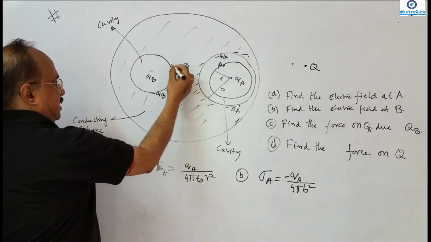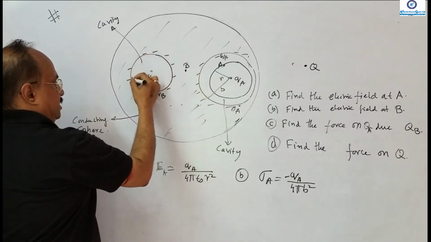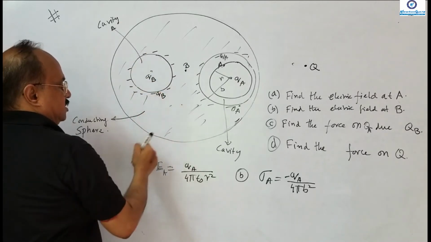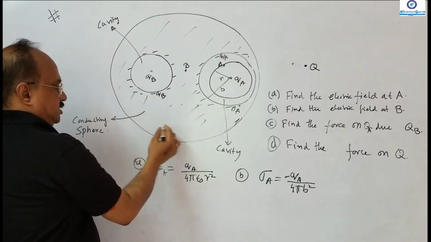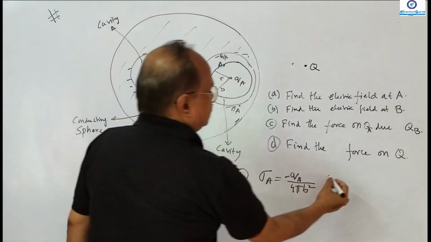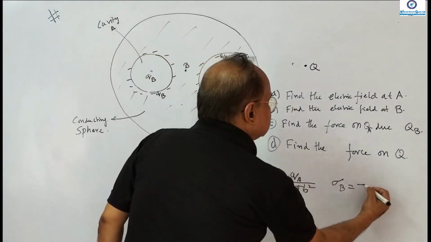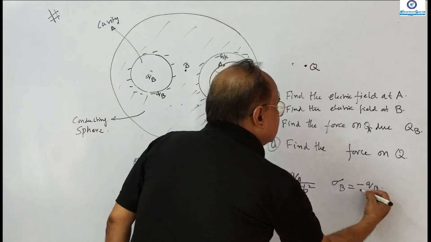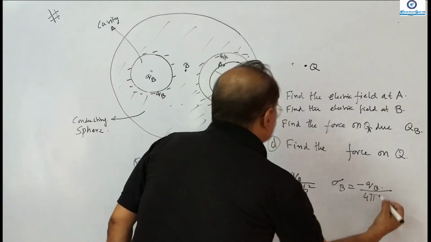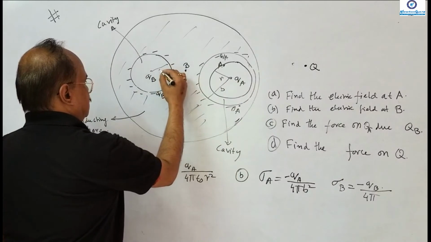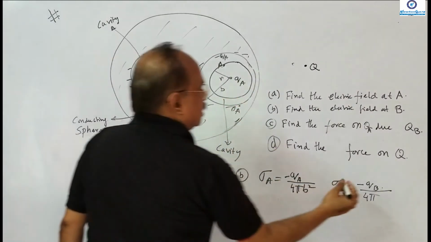If you want to find the surface charge density on this, you can call it sigma B, which will be equal to minus QB divided by 4 pi, and let us take the radius of this as C, so it will be C square.